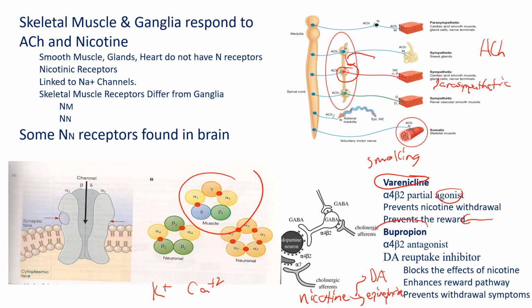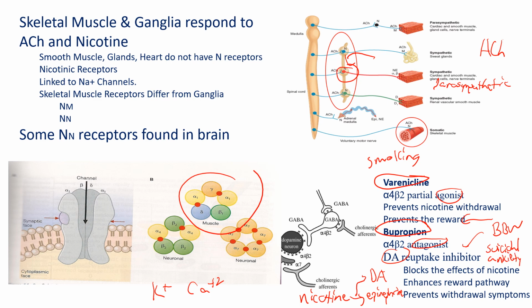Bupropion is the other one. It is an antagonist, and it's also a dopamine reuptake inhibitor. So this will essentially be a little bit stronger generally. Bupropion has a black box warning for mental health, like suicidal ideation or anxiety. So just something to note when you're selecting these products for patients.